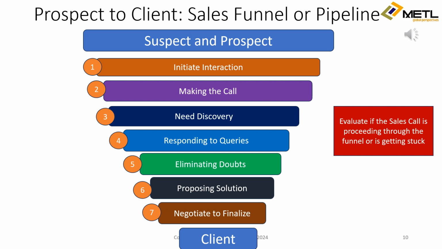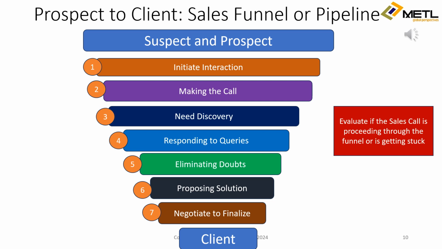So, whatever be the stage of your sales call, evaluate if the sales call is proceeding through the funnel or is getting stuck. If it is proceeding, it's called an advance. It is good. If it is stuck at a particular stage, it is called a continuation.